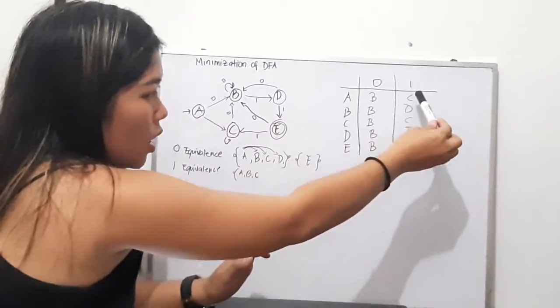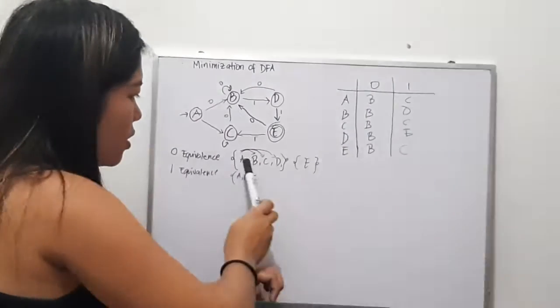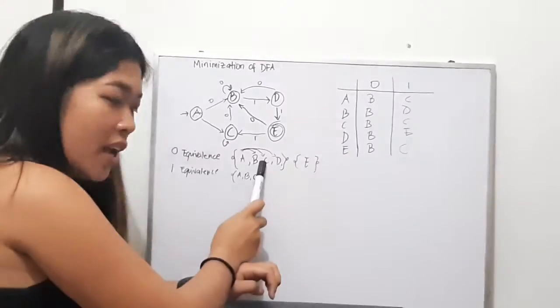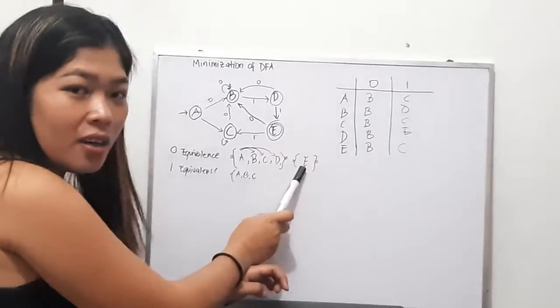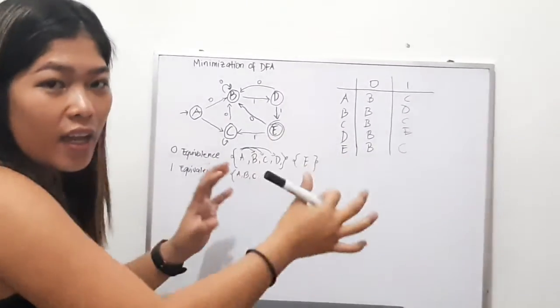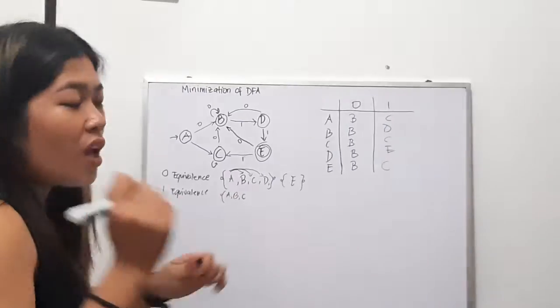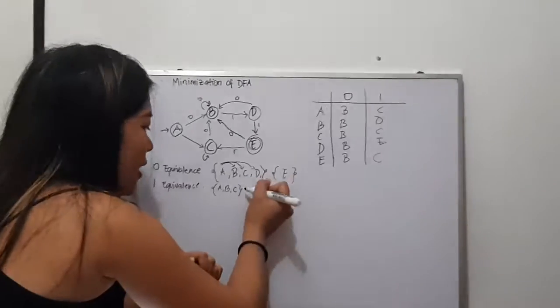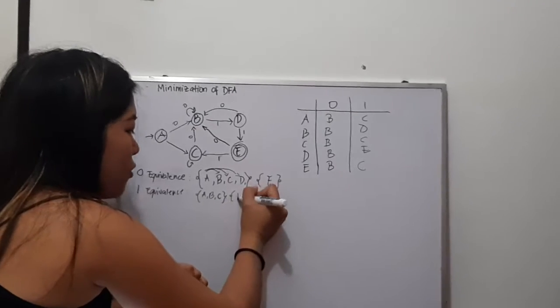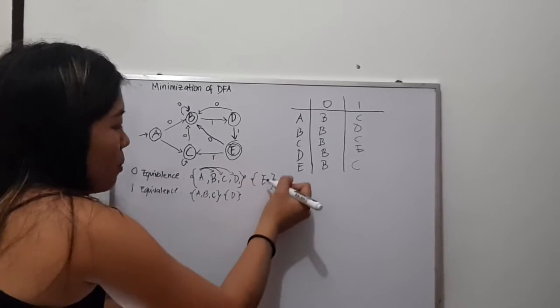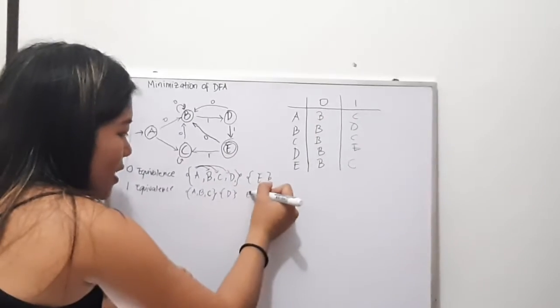Okay, C is here and E is here, so they are in another set. So I have to close this set and make another set for D. And then bring down the E as it is.